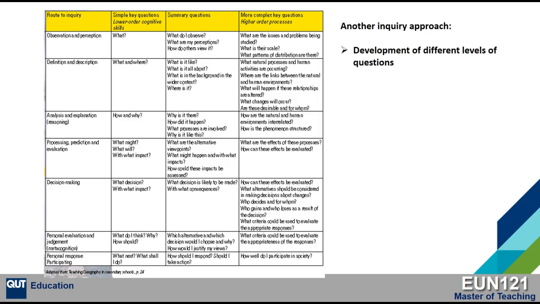So lower order: what and where, how and why. And then if you go to the right hand side, there are more higher order processes. What are the main issues and problems being studied? What is their scale? What patterns of distribution are there? So you can see that the higher order questions are more complex. And you can use this as a method of differentiation in your classroom.